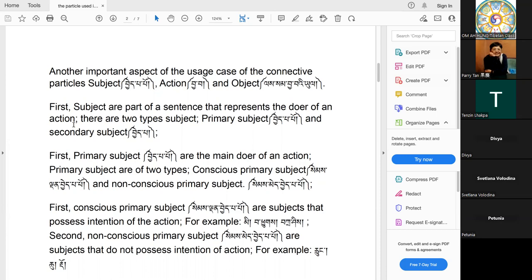First, the primary subject, chebapo, is the main doer of an action. What do we mean by the main doer of an action? It is represented as a whole unit by itself.